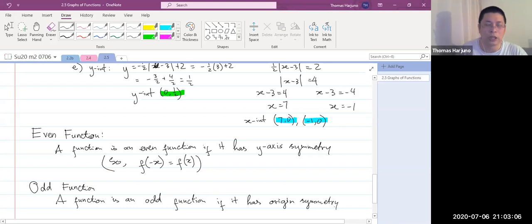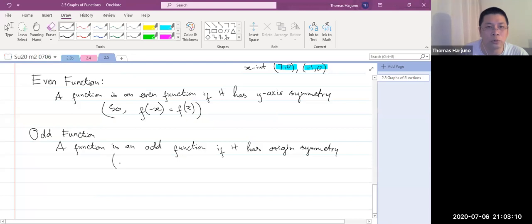So to show that a function has origin symmetry, and therefore is an odd function, you need to show that f(-x) equals -f(x).